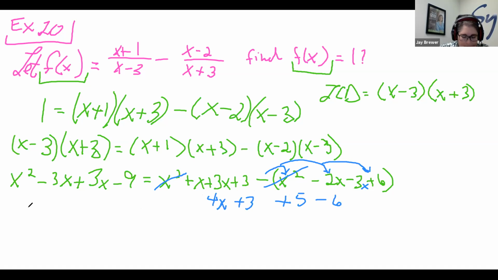We simplify everything down, we should end up with x squared minus 9x minus 6 equals 0. Does that look like something you can easily factor?